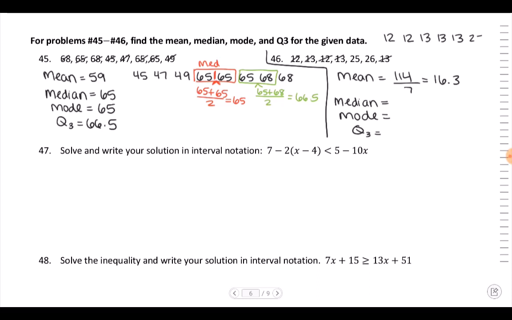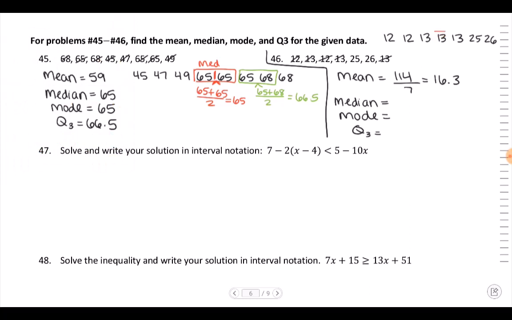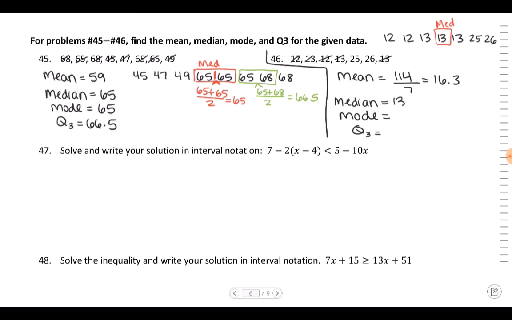25 and 26. Okay. So then as I work my way in and cross these off, it looks like my middle value here is this 13 right here. So that's going to be my median. So median is 13. My mode is also 13 because that's the number that appears the most times.